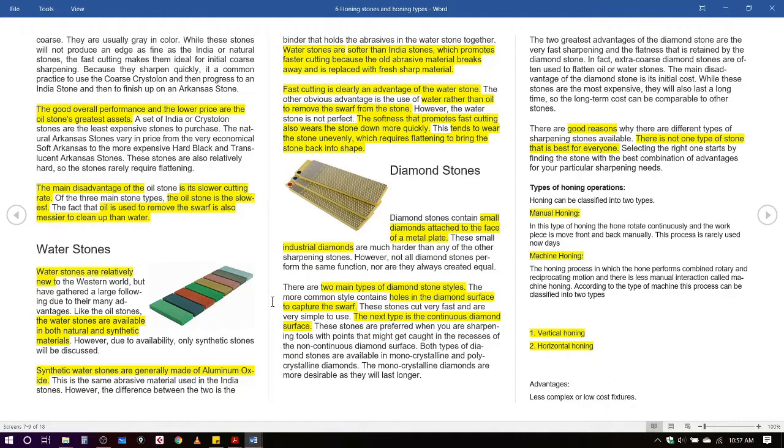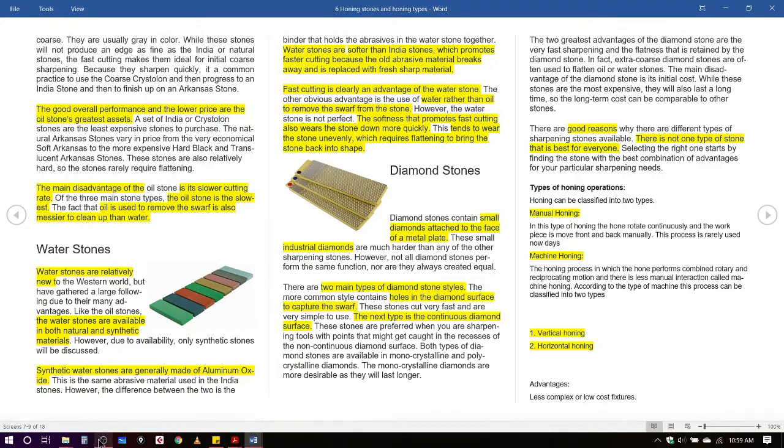Synthetic water stones are usually made of aluminum oxide. The main advantage of water stones is that they have faster cutting because these water stones are softer so that the old abrasive material can easily break away and is replaced with fresh sharp abrasive material. So they promote faster cutting operation.